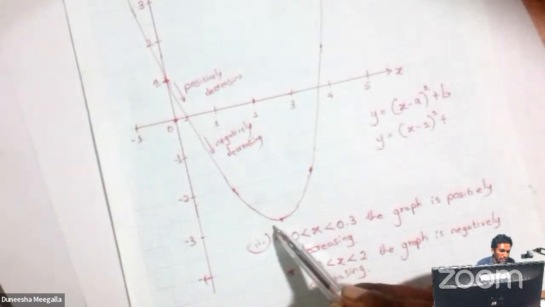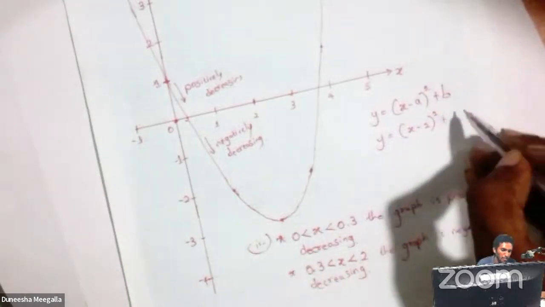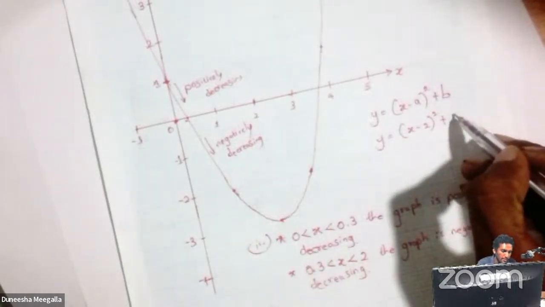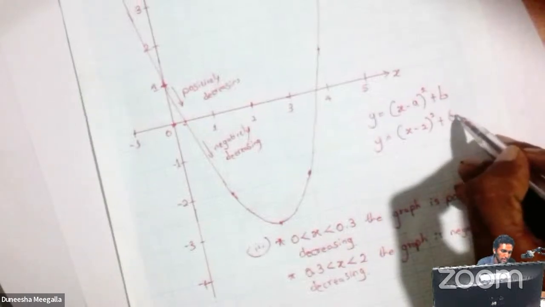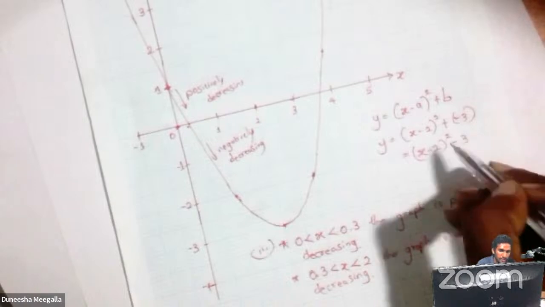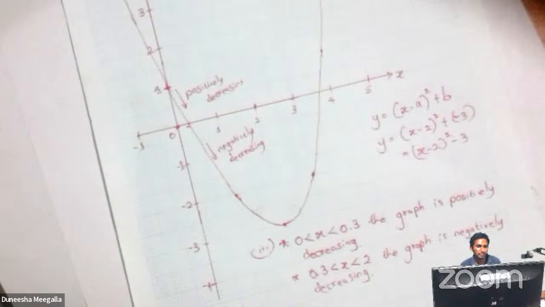It's minus 3. Okay, b is minus 3. What is our function now? (x minus 2) squared minus 3. Okay, write down our function.